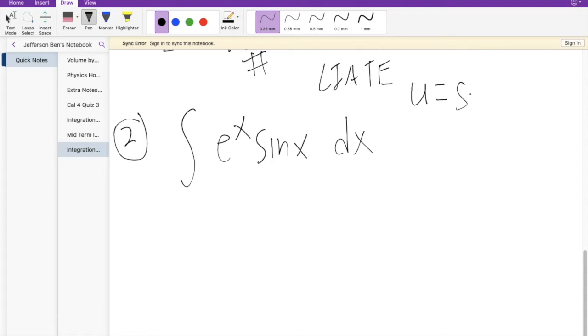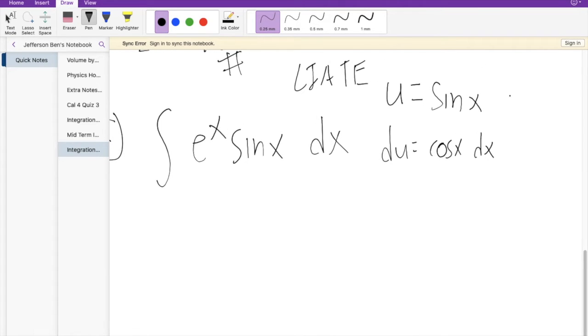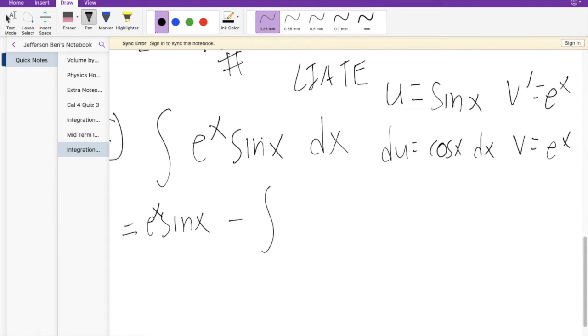So u equals sine x, and du is equal to cos x dx, and v prime is equal to e to the x, and v is equal to e to the x. Then we can substitute into the formula: uv minus the integral of v du, which is cos x e to the x dx.